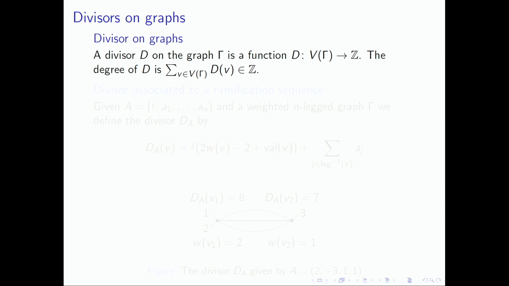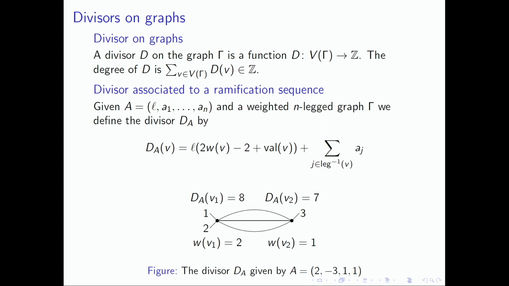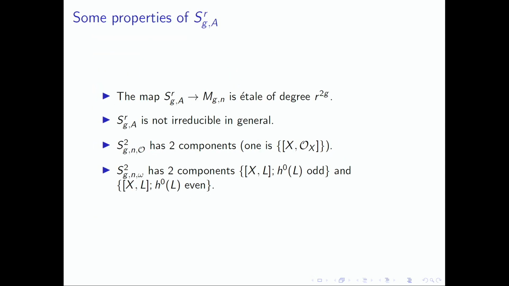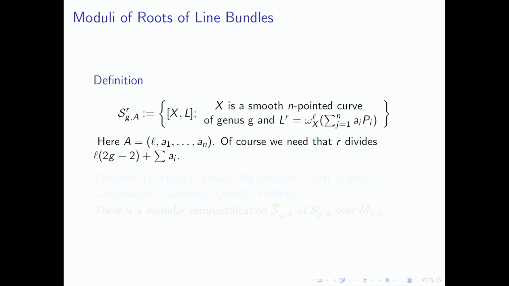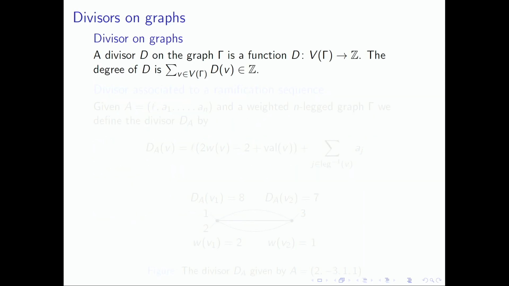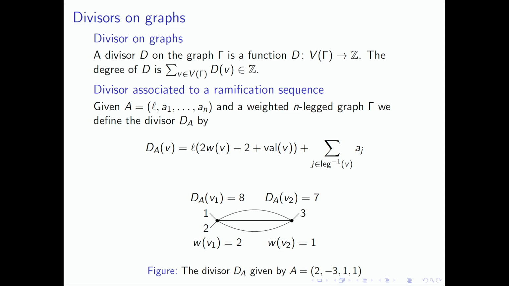And I can also define what a universal divisor is, because I recall to you that we have this universal line bundle that I want to square, and now I want to define a universal divisor for graphs and tropical curves later.